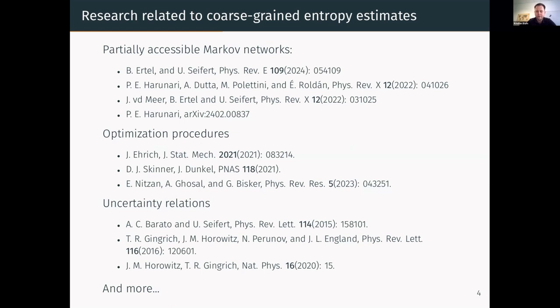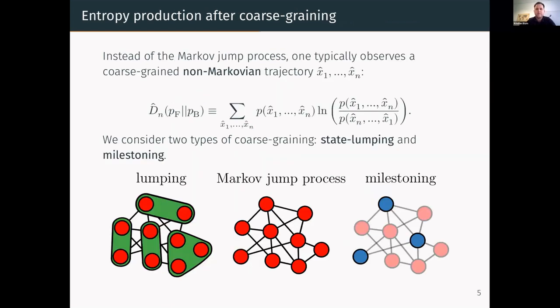And what I will focus on now is coarse graining of two types. On the one hand, I will consider state lumping, also known as decimation, and on the other hand, milestoning. And to introduce you to both, I've drawn here a little sketch where in the middle, I have now a Markov jump network, where all the nodes are indicated with the red dots, and transitions between them are indicated with the edges.